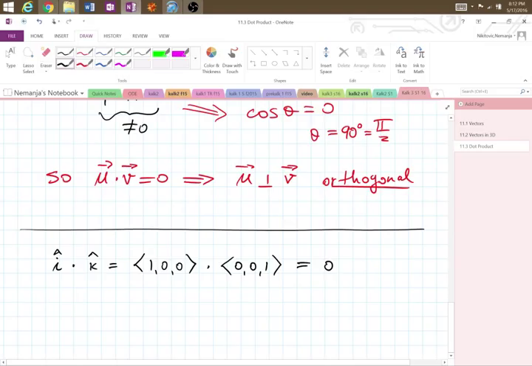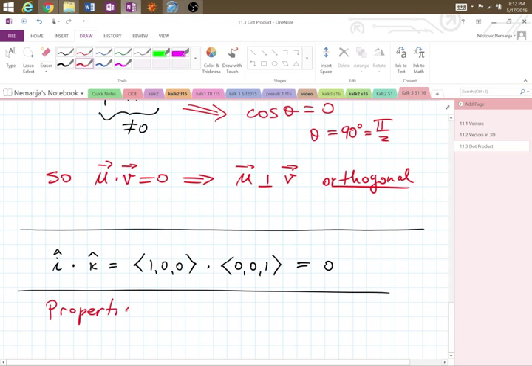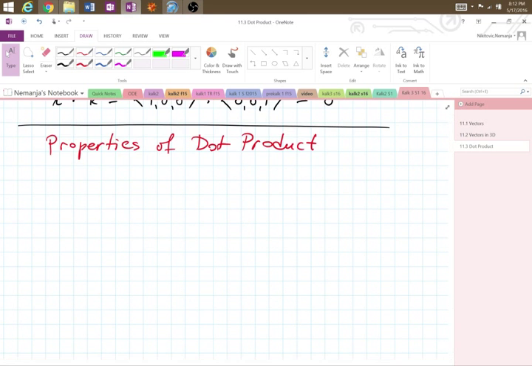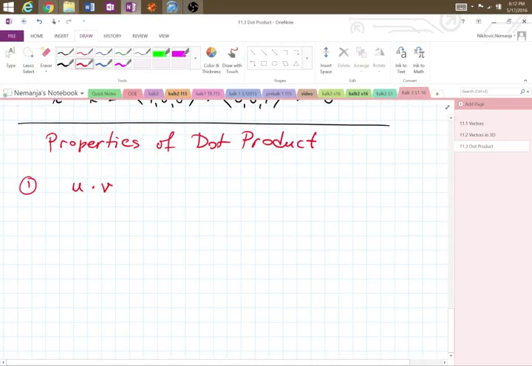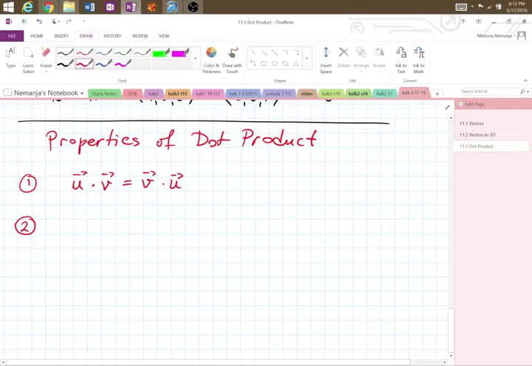Next are the properties of the dot product. What are the properties of the dot product? We have the commutative, associative, and distributive properties. First, u dot v is equal to v dot u, so it's commutative. Second, the associative property: c is the scalar, just like last class.